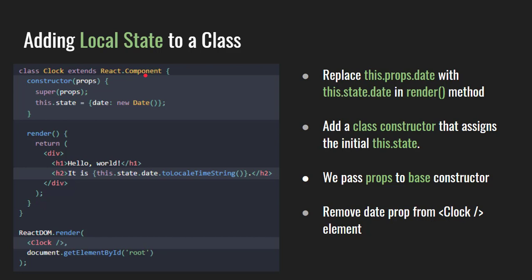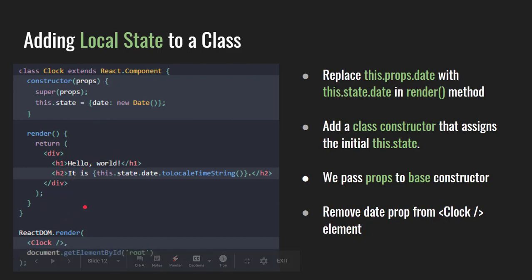And it's best practice to always, in your class constructor, call the base class constructor and pass in the props. So this is the way we need to construct this. And inside of here, we're initializing this.state, and we're adding something called date, and we're defaulting it to the current time. And we actually remove the date from Clock here.